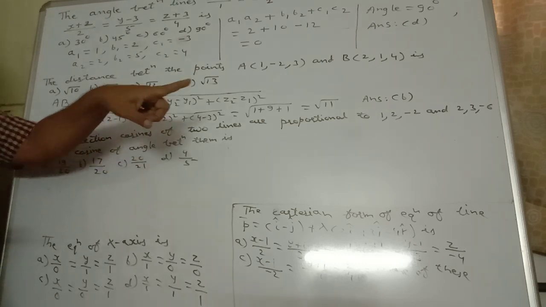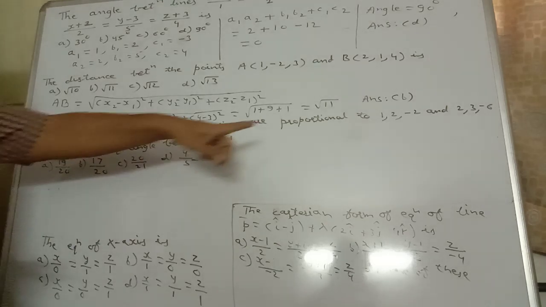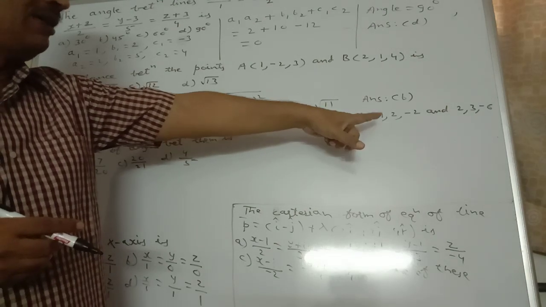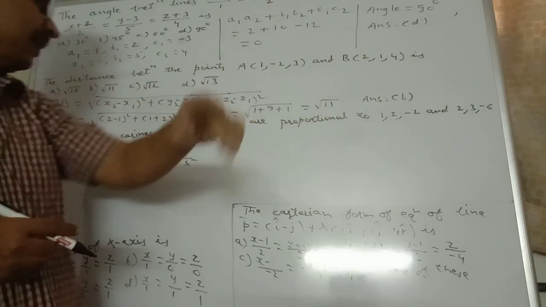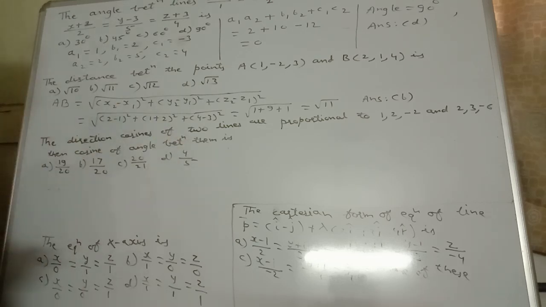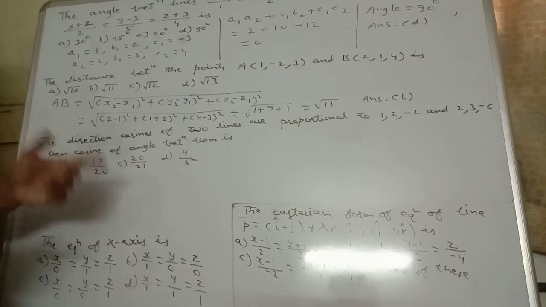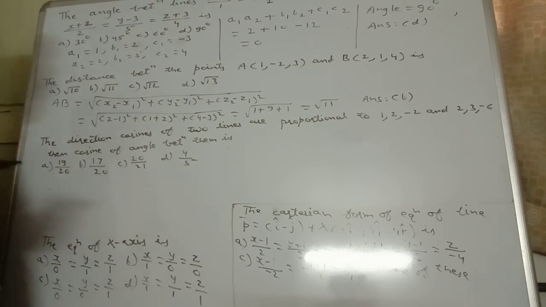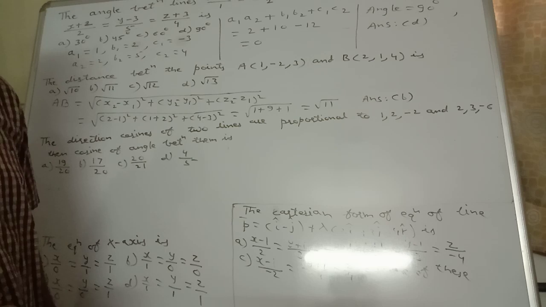Direction cosines of two lines are proportional to the numbers 1, 2, minus 2 and 2, 3, minus 6. Then the cosine of the angle between them. So here we have to find the cosine of the angle between two lines where numbers proportional to direction cosines are given.